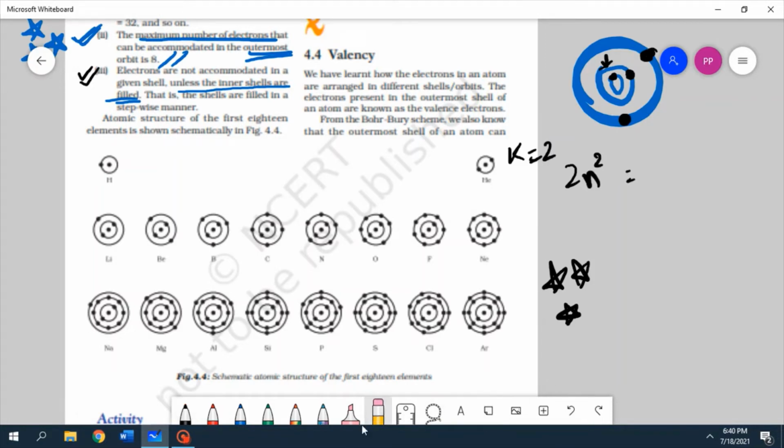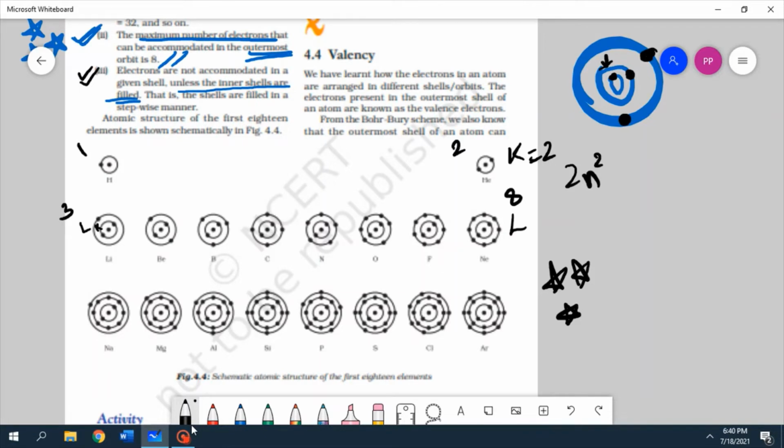Then if we move on to the second row, it has the K shell and the L shell. If this is the first element, this is the second element. Elements 3 through 10 have only the K and L shells.